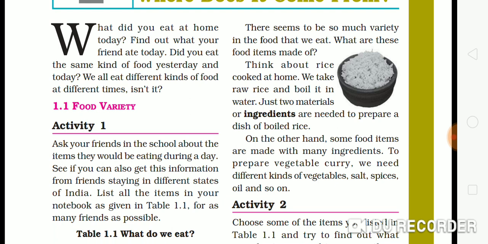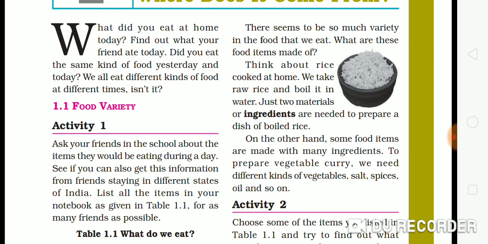I'll give you another example. Suppose you have to cook a dal. Okay? You have to cook a dal. Then what ingredients do you need? Come on, think. What ingredients do you need for cooking a dal? Yes, you need a water. You need a raw dal.